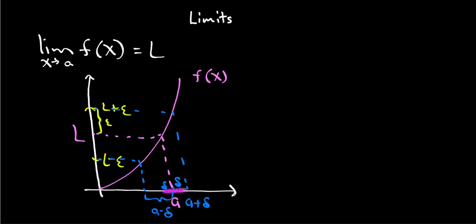Now notice what I did. I said, let's box in L with plus epsilon and minus epsilon, and then let's trace it back down to the x-axis and box in a.